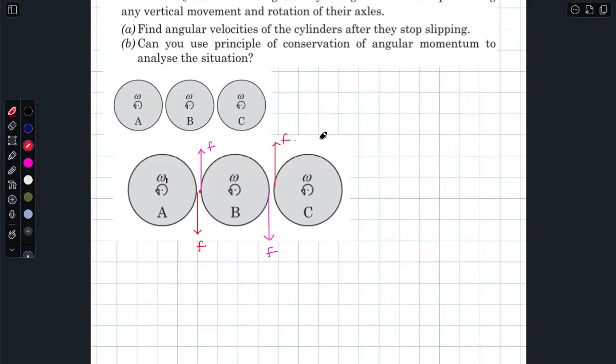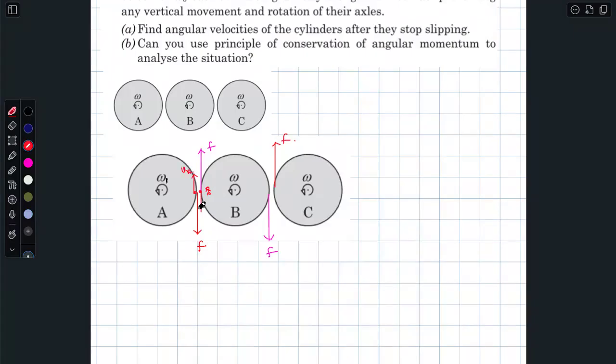You may ask me, how do you know? Remember, at this point, the tendency of motion is upwards velocity. Now see, for this disk, this particular point will have a tendency of motion downwards. With respect to this point, it is having an upward motion. So friction acts downwards.